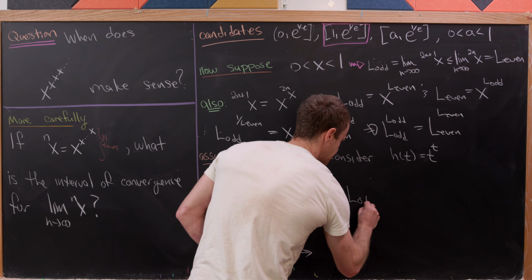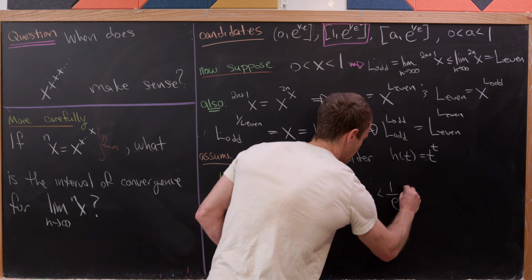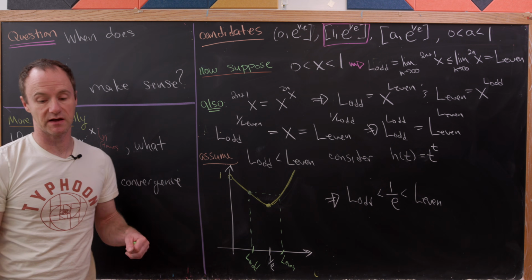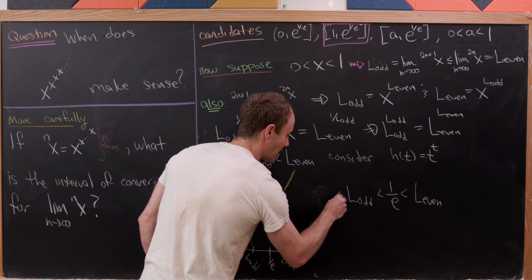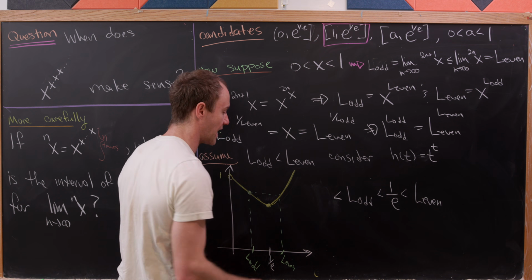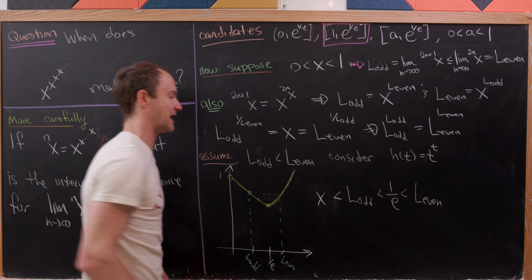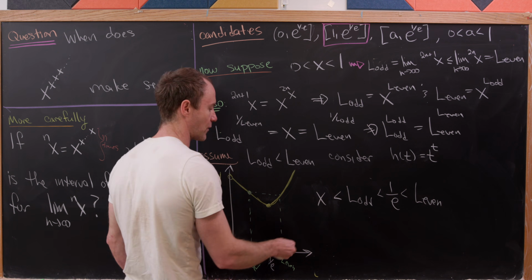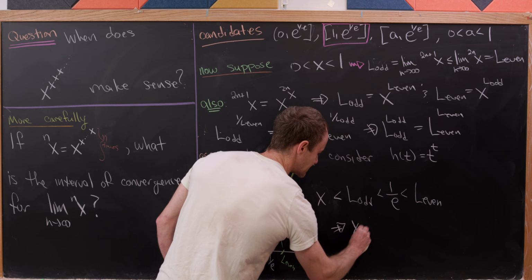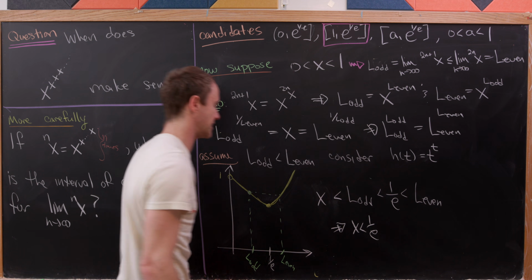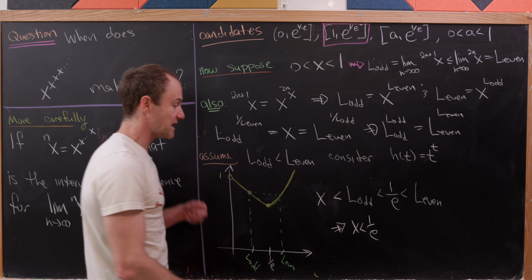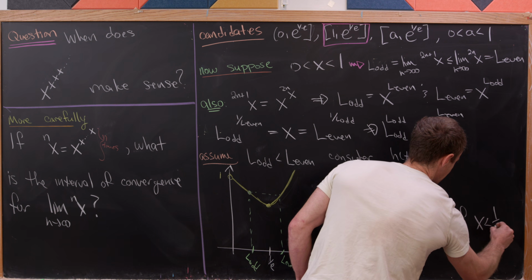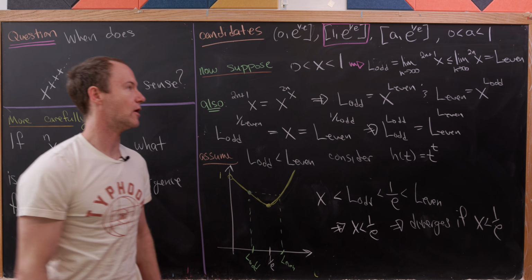We have L sub odd is less than 1 over e, which is in turn less than this even limit. But now I can keep in mind that L sub odd, that odd limit, is going to be strictly bigger than x. So that gives us a range for x. Notice that x has to be less than 1 over e. So that means that we have divergence if x is less than 1 over e.